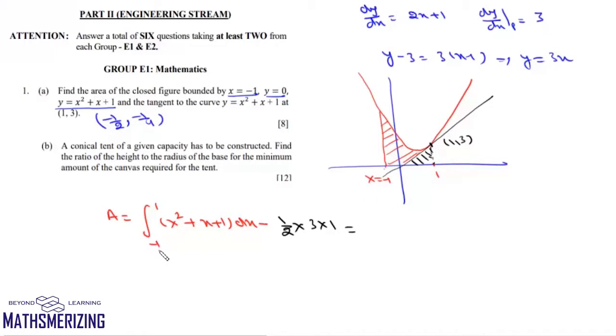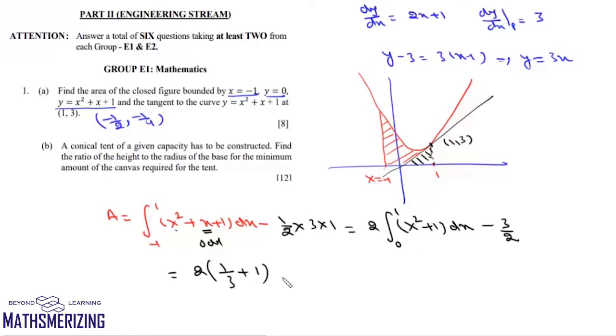Now this integral is from -a to +a. x is an odd function, and x square and 1 are even functions. So it will be 2 times the integral from 0 to 1 of (x square plus 1) dx, minus 3 by 2. So this value will be 2 times (x cubed by 3, which is 1 by 3, plus x, which is 1), minus 3 by 2.